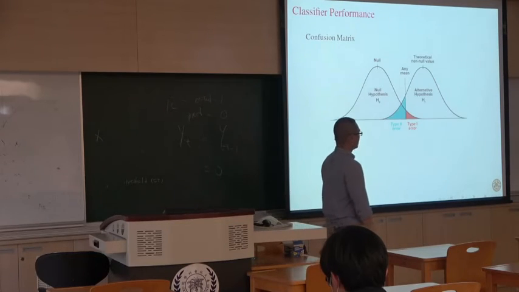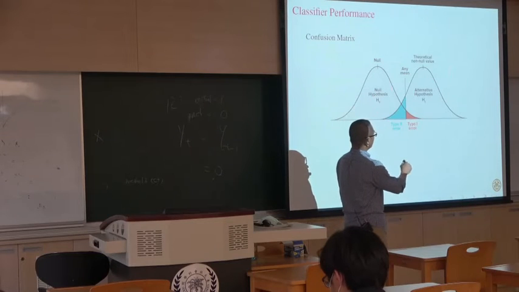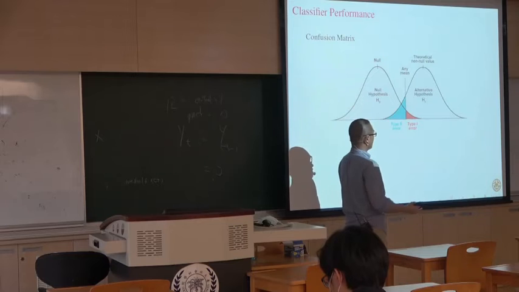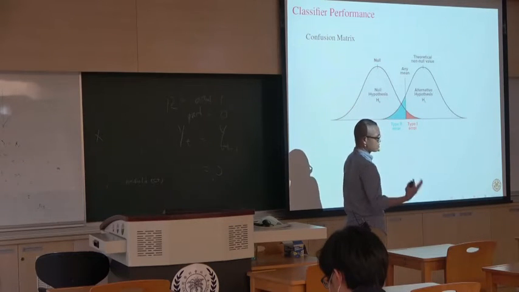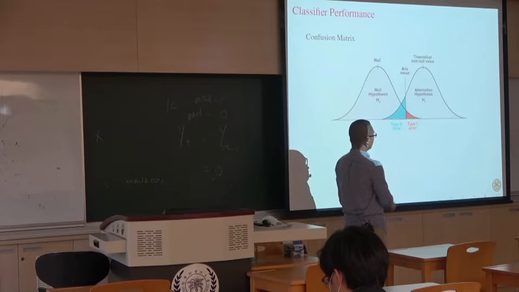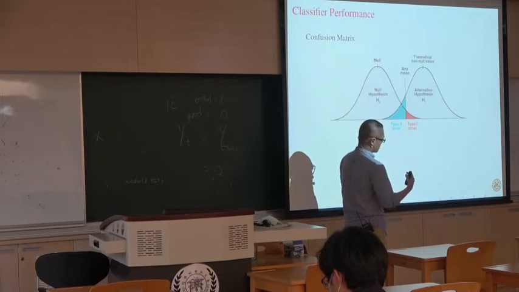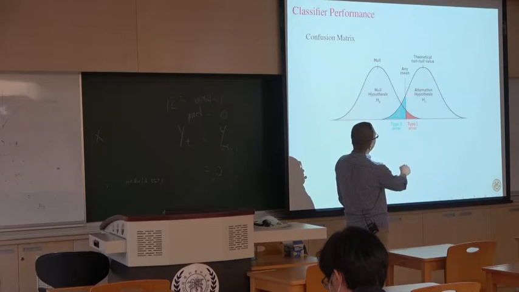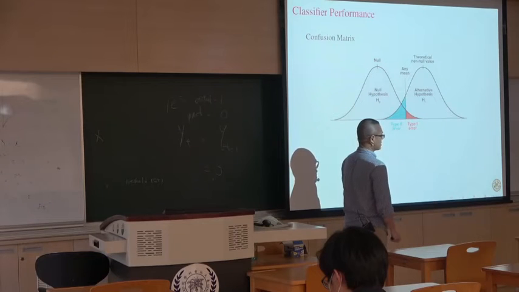And in the distribution, that means there are some cases that intermingle between the distribution of the null hypothesis and the alternative hypothesis, meaning that in this region we want it to be true, and in this region we want it to be false. Some of the cases actually lie in the true null hypothesis.